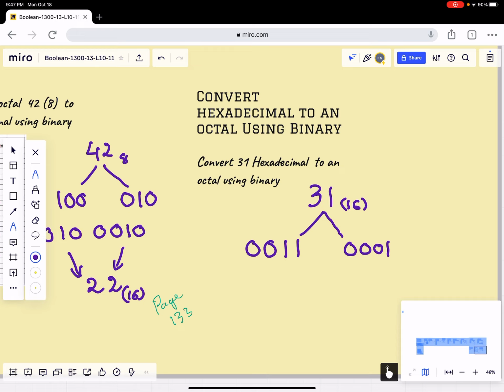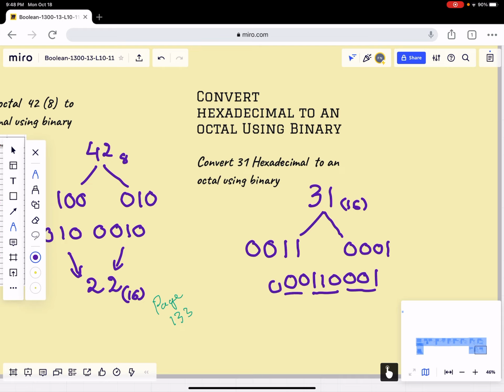After you convert 31 to binary using 4 bits, now if you want to change to octal, you group 3 bits from the right to your left. So let's write out 0, 0, 1, 1, 0, 0, 0, 1. Now you group 3 bits together, so you got 1 group, 2 groups, and 3 groups.